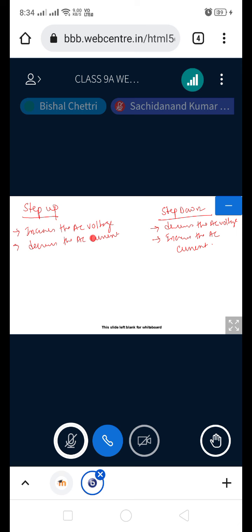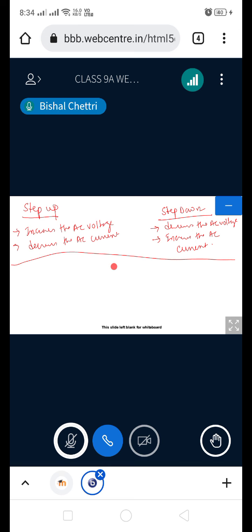Now, if we go to the construction of a transformer, a transformer mainly consists of three important things.